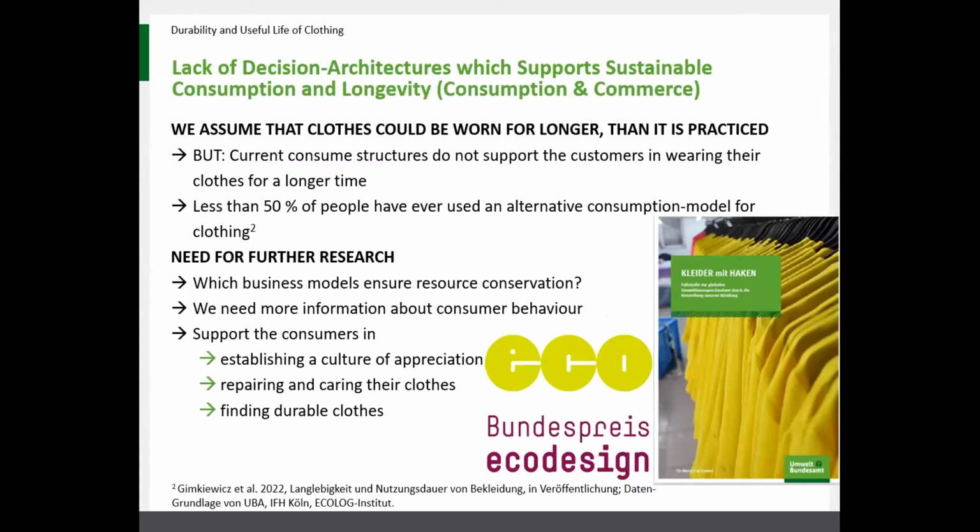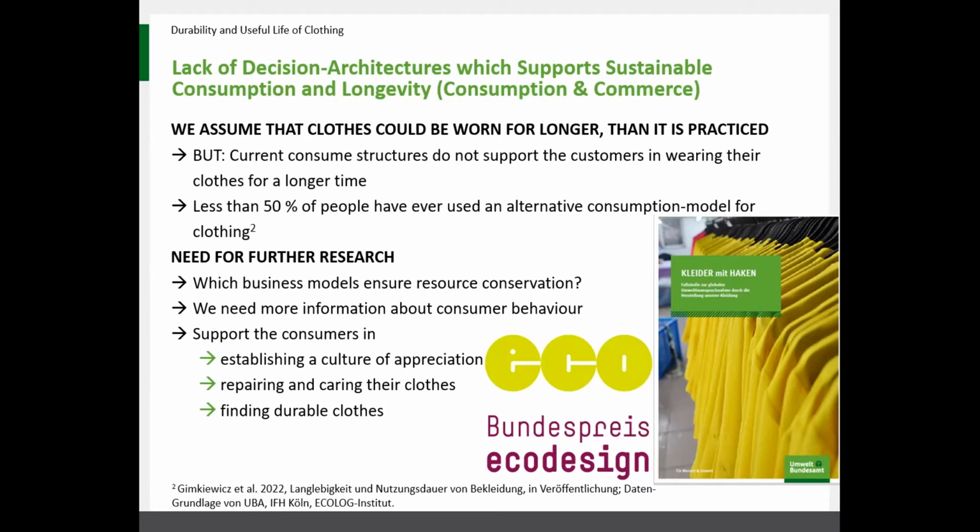So now we come to the next challenge, the lack of decision architectures which support sustainable consumption and longevity. On the basis of our research, we can assume that in general, clothes could be worn for longer than is practiced these days. Important here is especially the intensity of use of the clothes, not only the useful life in years, for example.